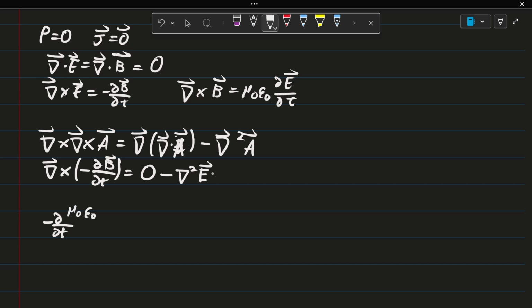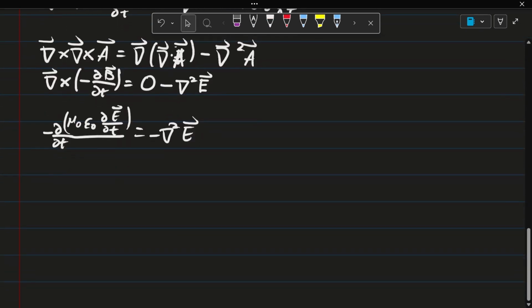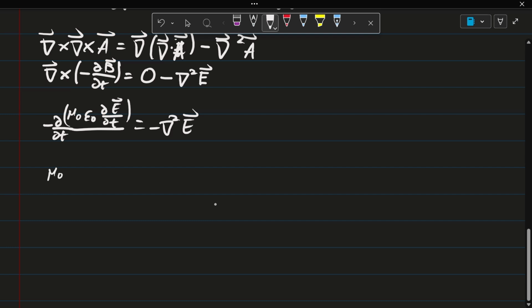Mu 0 epsilon 0 partial E vector over partial t. And this equals the Laplacian of the E vector. So what we get in here is mu 0 epsilon 0 partial squared over partial t squared of E vector equals the Laplacian of the E vector.